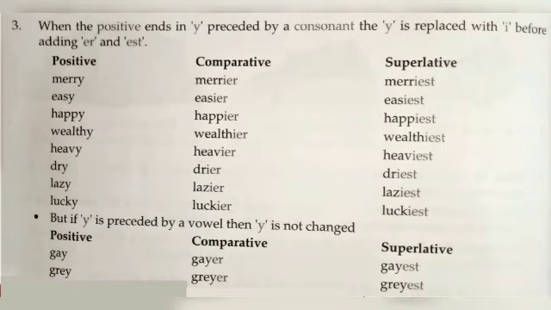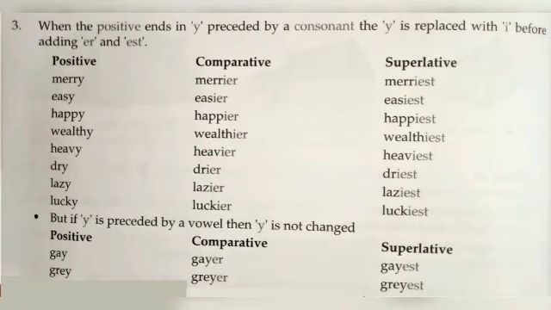It is ending with Y definitely, and before Y we have the alphabet R, and R is not a vowel, it is a consonant. In the same manner, the second one is easy. In it, you can see before Y we have the alphabet S. This is also a consonant.